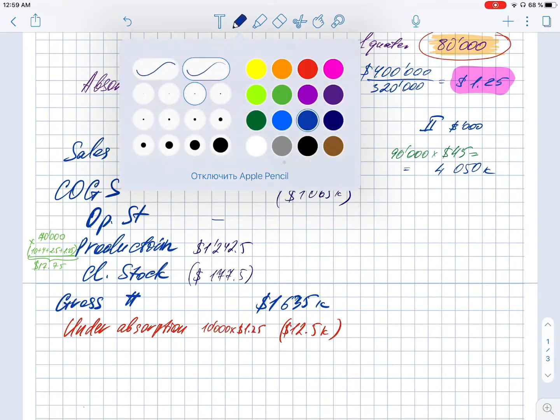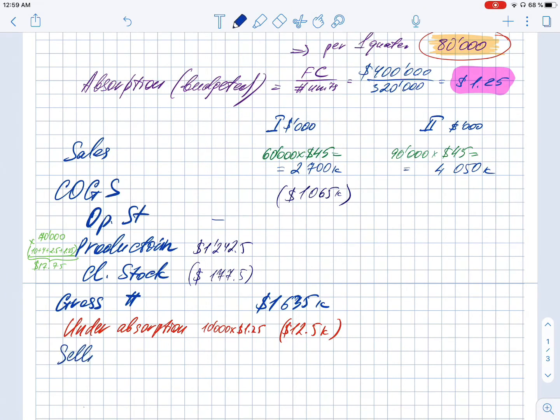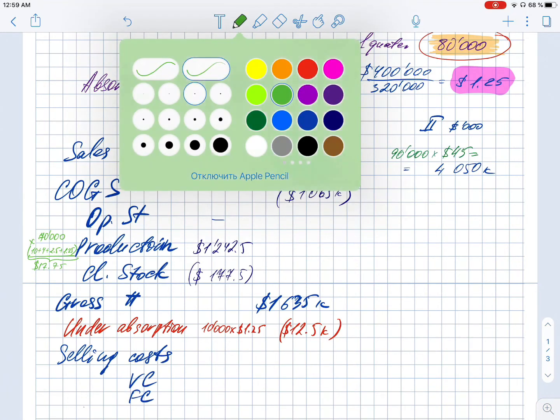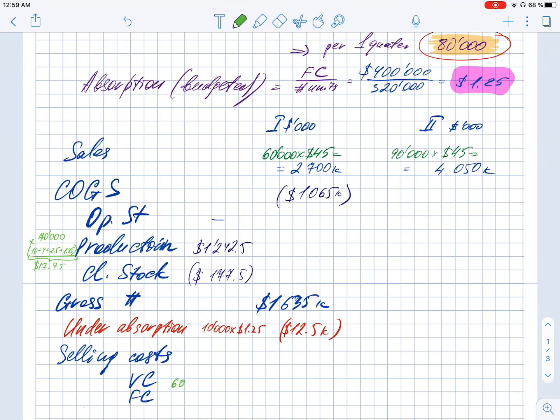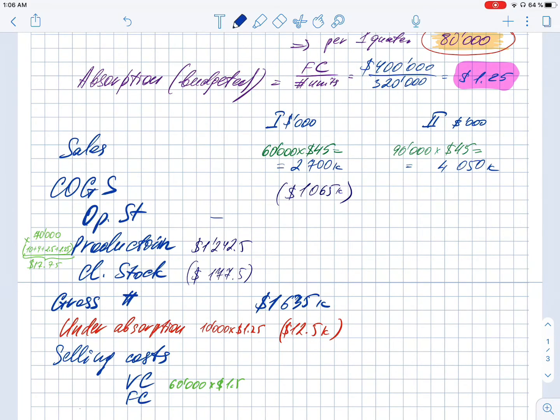Then I will use normal color and deduct selling costs. Selling costs for first quarter, variable and fixed portion. Variable cost would be calculated as we just calculated before, 60,000 units sold, not produced, but sold here, multiplied by $1.50 gives us $90,000 and $20,000 of fixed cost per quarter, because per annum selling cost amount equals $100,000.